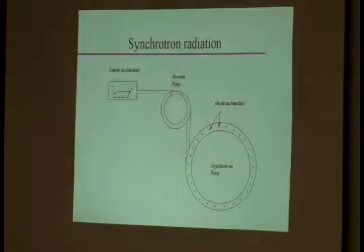In these rings you have magnets that bend the path of the electron beam and thus accelerate them. Once the electrons have reached close to the speed of light, they are fed into the synchrotron or storage ring. And they keep circulating there.